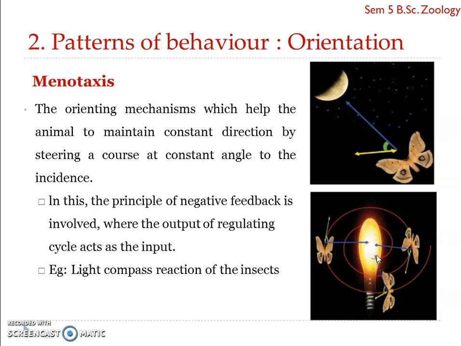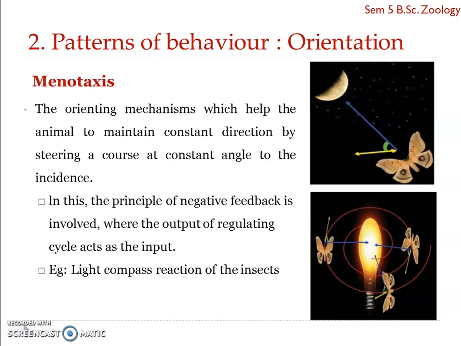Okay, so here we can see that it serves as a behavioral mechanism for maintaining a constant direction of orientation. And the sun compass navigation of many insects, fishes, and birds are a few examples. These animals use the sun as a guidance in homing, that is coming back to their home.